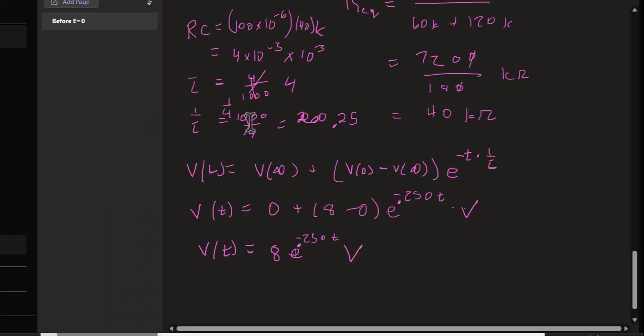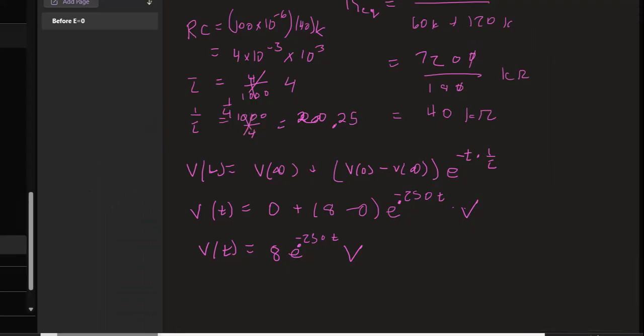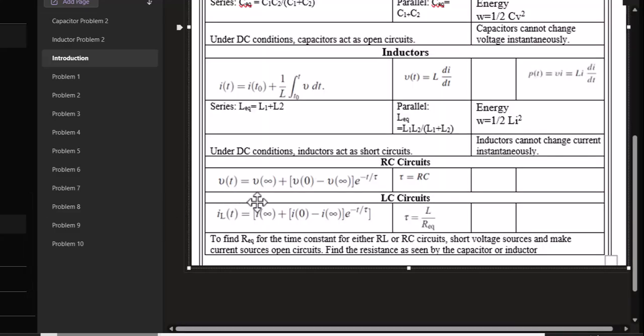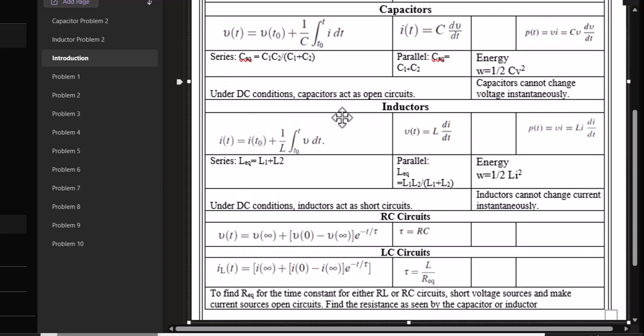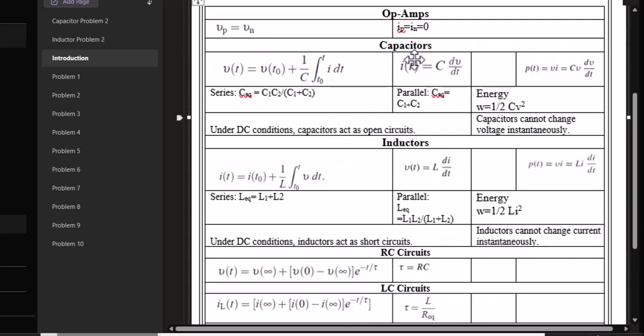Okay, so now our next job is to find I of t, and to do this, you can go back and look at the formulas I'm going to give you, and you'll see that I of t equals C dv/dt.